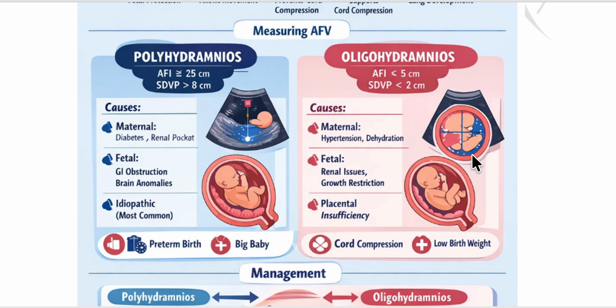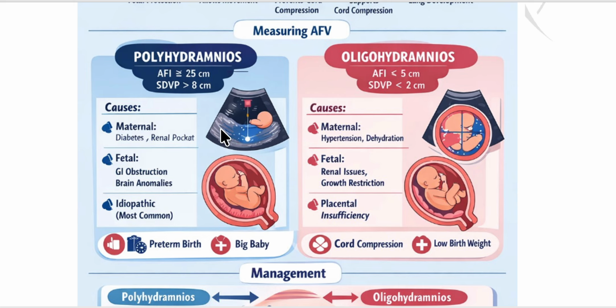So it is the sum of the 4 quadrants. Single deepest vertical pocket means that out of the four quadrants, only one quadrant is taken, because measuring all four takes time. They want to save time, so they use the single deepest pocket.